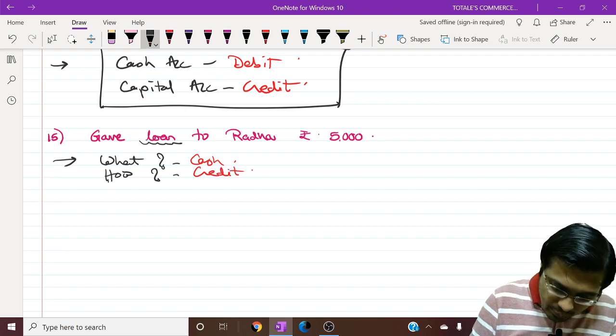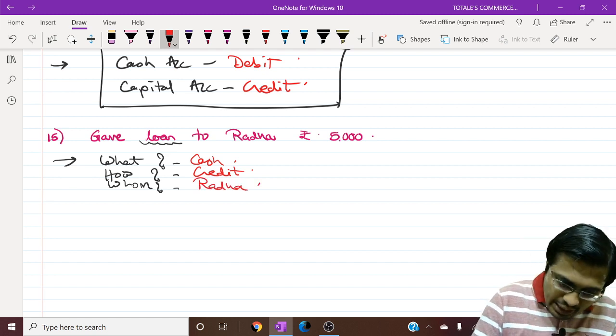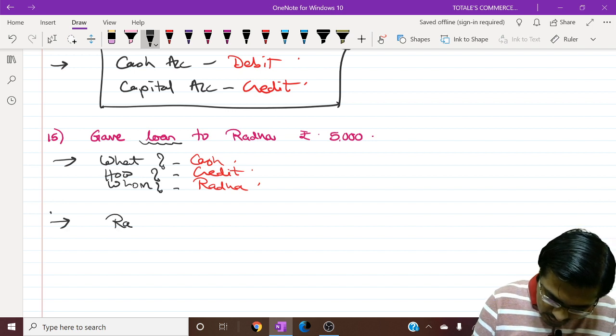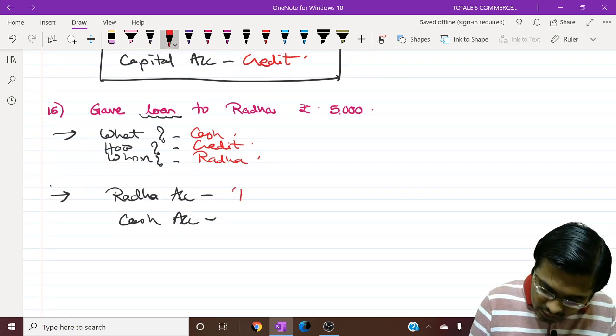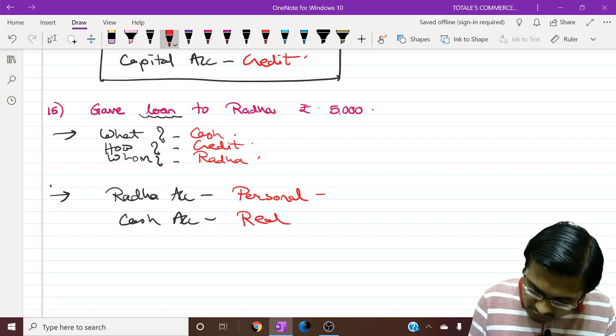And to whom did we pay? We paid it to Radha. So we have our accounts, Radha account and cash account. So friends, what is the type of Radha account? It is personal in nature and cash is real in nature.